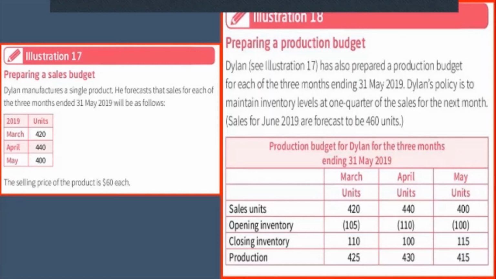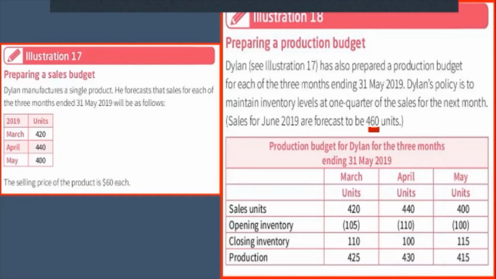Dylan's policy is to maintain inventory levels at 1/4 of the sales for the next month. Sales for June 2019 are forecast to be 460 units. So this is for the next one coming after there. You would have to produce it this month, right?